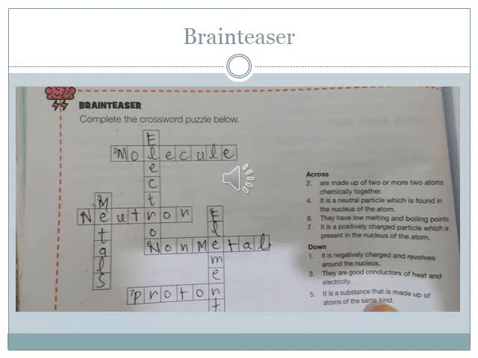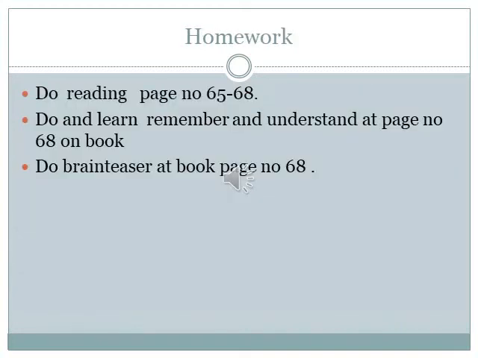Number 5, it is a substance that is made up of atoms of the same kind. This is elements. Number 6, they have low melting and boiling points, non-metals. Number 7, it is a positively charged particle which is present in the nucleus of an atom, proton. Do it on your own.